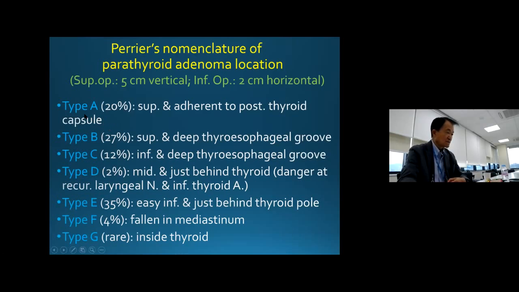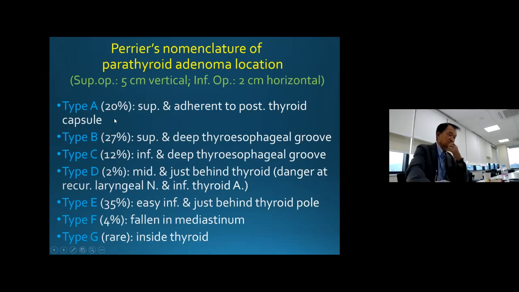So we have types A through G, okay? The most common type is type E. That's just right behind the inferior thyroid pole. That's the most common, okay?